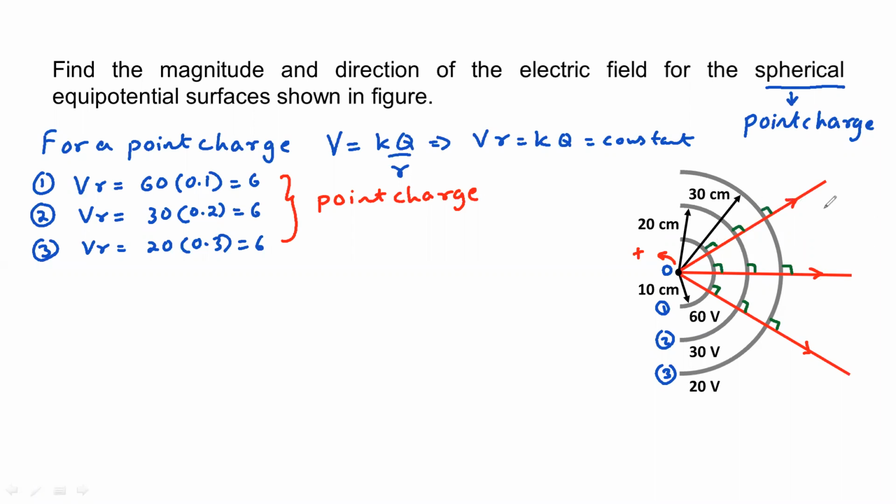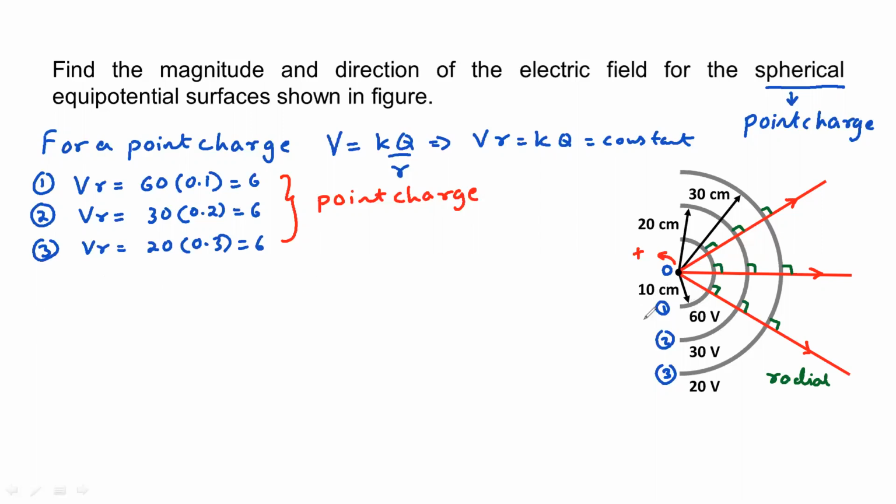So we've got the direction, it's a radially outwards field, and the next point is finding the magnitude of this field. Just saying that find the magnitude of the electric field is incomplete, because it is not a uniform field and it is changing everywhere.